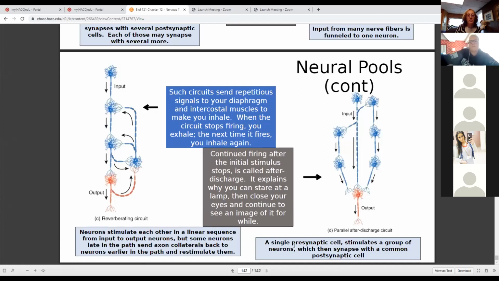A reverberating circuit is where neurons are stimulating each other in a linear sequence. And some neurons later in the path are putting out axon collaterals that come back and stimulate presynaptic neurons further back in the process.